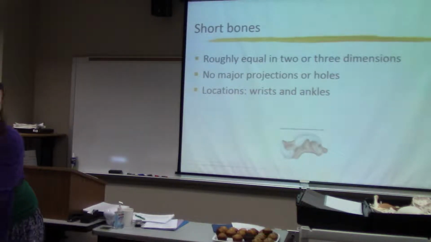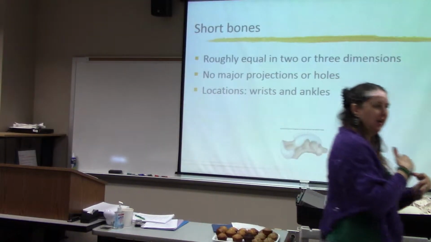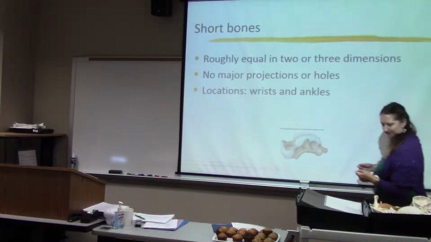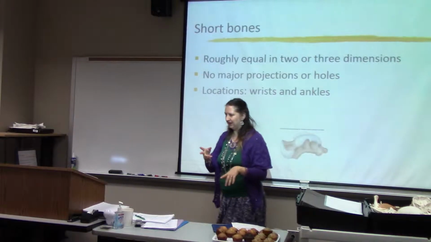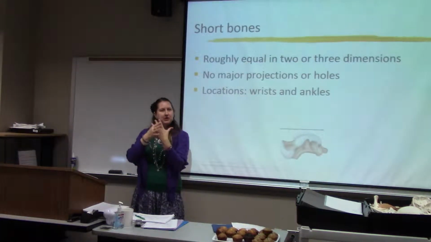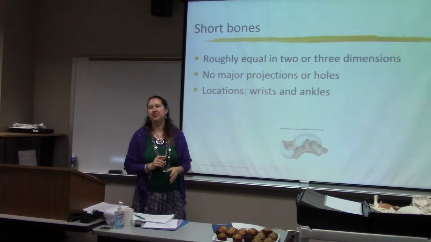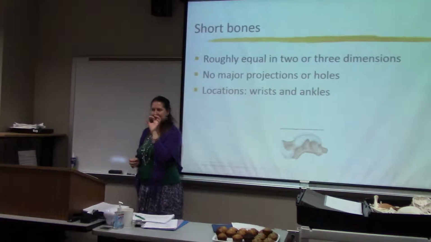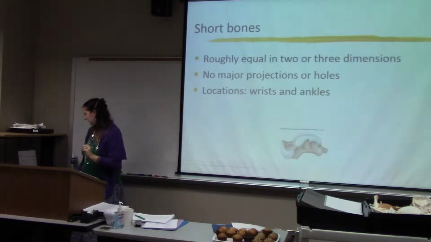Some sources count sesamoid bones as a more specific type of short bone. Incidentally, as those are going around, the longer bones of the hand and foot are actually long bones, even the little tiny ones in the fingers and toes.